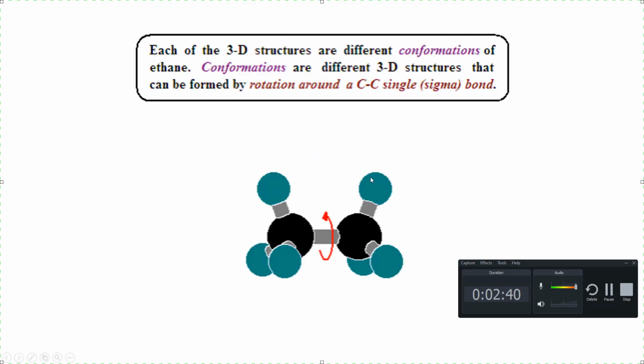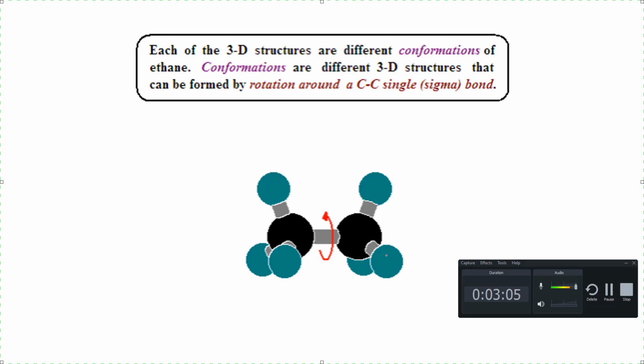In this case, this would be the representation where all those hydrogens are as close together as they can get. So different three-dimensional structures that can be formed by rotating around a carbon-carbon single bond are what are called conformations.